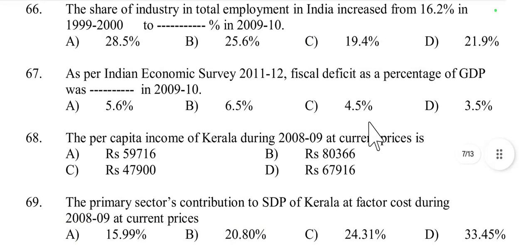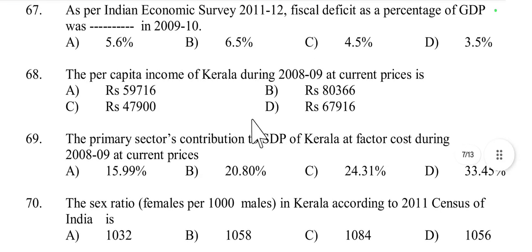Then question number 67. As per the Indian Economic Survey 2011-12, fiscal deficit as a percentage of GDP was 6.5%. Then the per capita income of Kerala during 2008-9 at current price was 59,716.